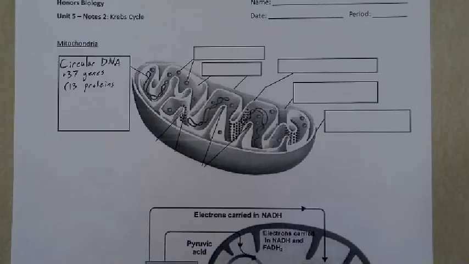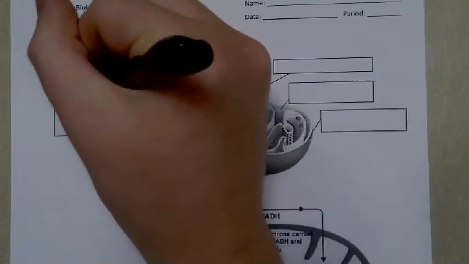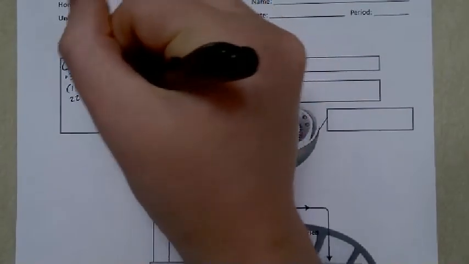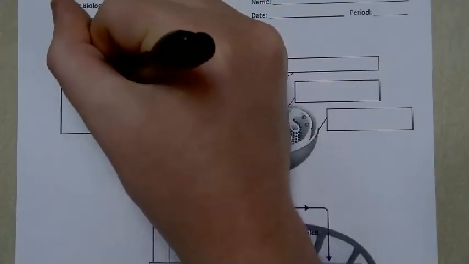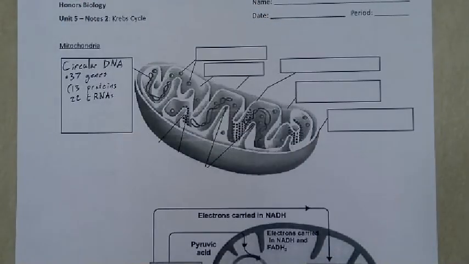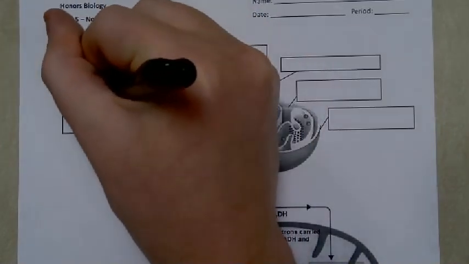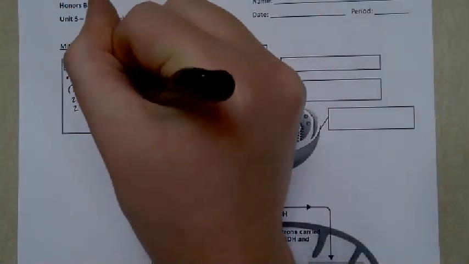What we're also going to see is that there are 22 genes that help us code for different tRNAs, right? The transfer RNAs. These are the things that carry our amino acids to assemble them into proteins, right? So it already has the stuff it needs to start assembling the proteins that it's making, and it has 2 rRNAs being coded for, right?